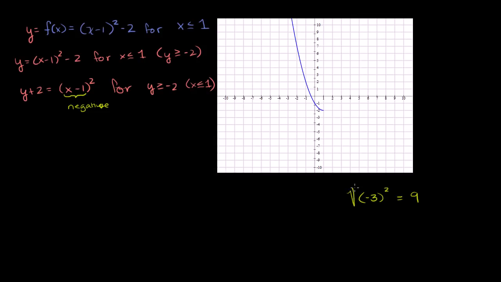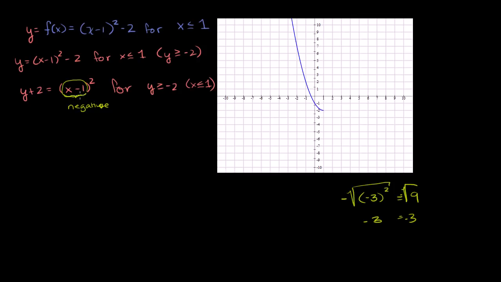If we just take the principal root of both sides, we would get 3 is equal to 3. But that's not our goal. We want to get back to -3. So we want to take the negative square root of our squared expression. Because this expression is negative, and we want to get back to this x - 1, we need to take the negative square root of both sides.